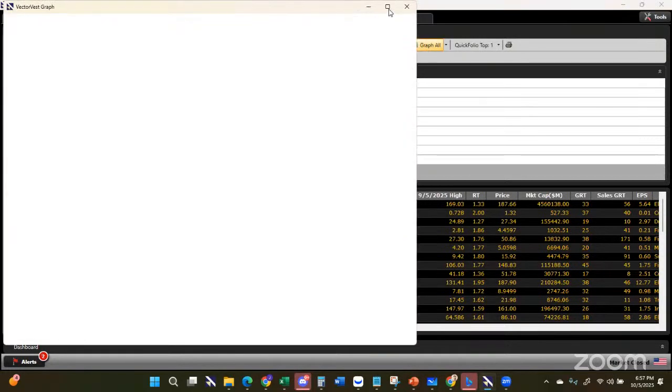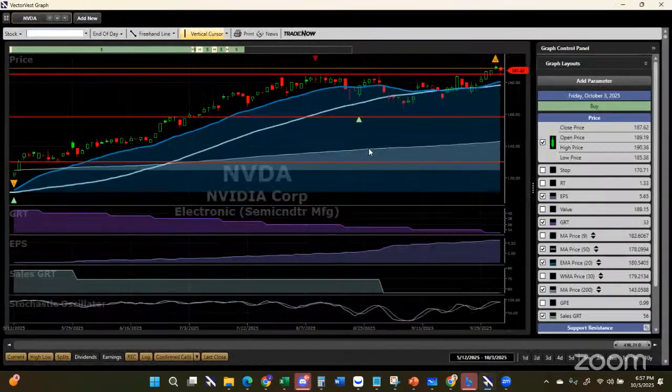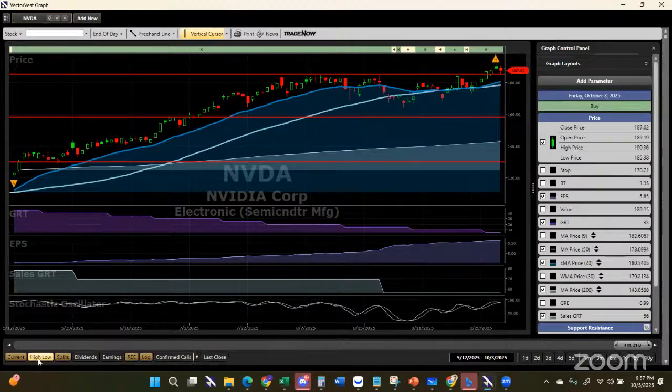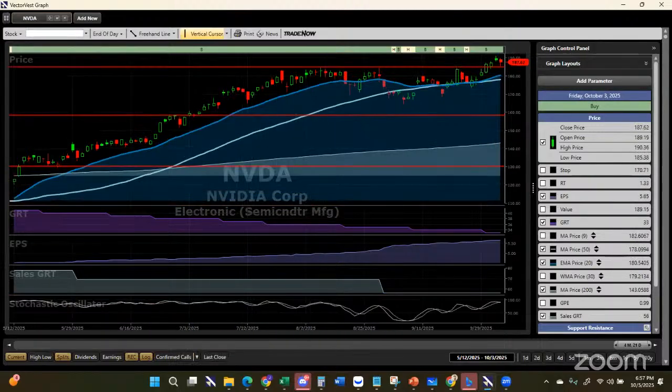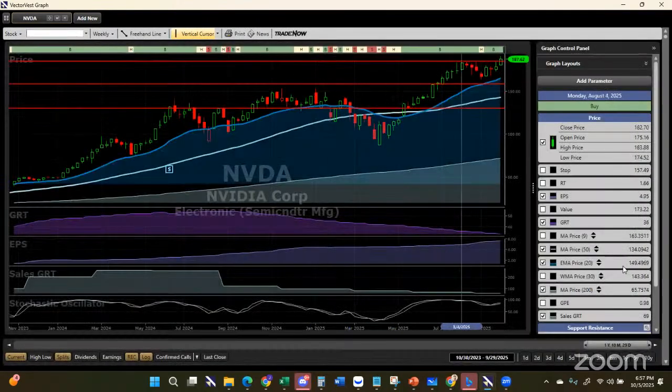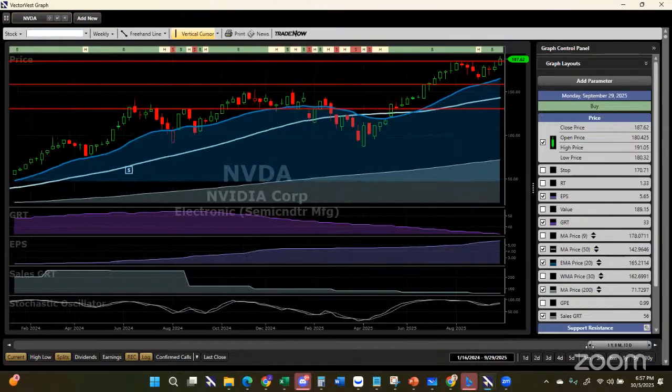Quick question, what app is this? This is the old school app. This is called VectorVest. This is for old school people like me. But it works really good.